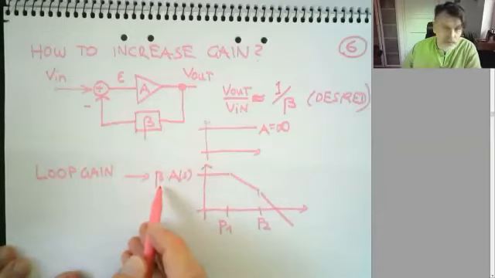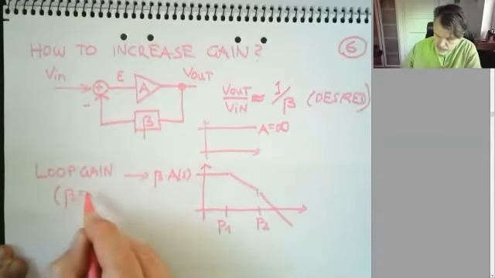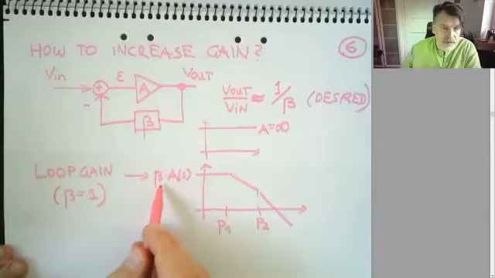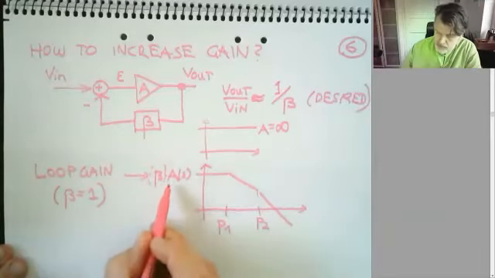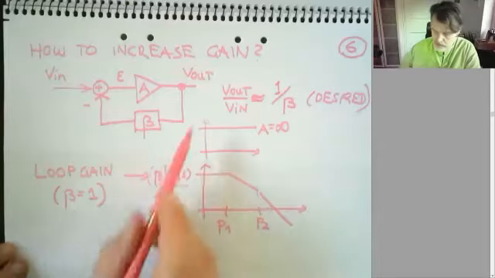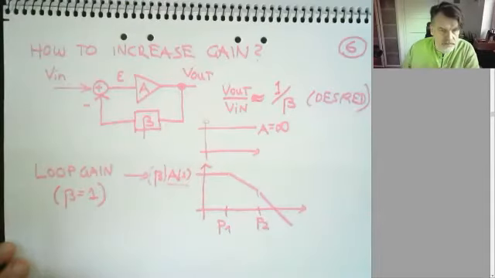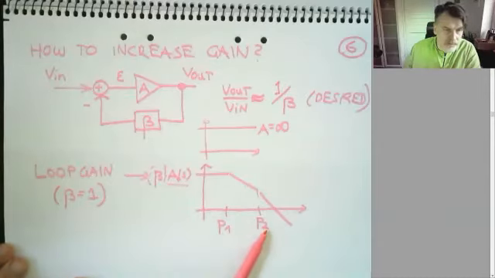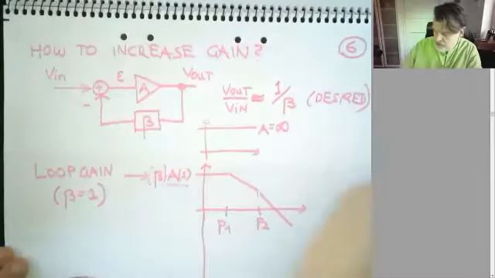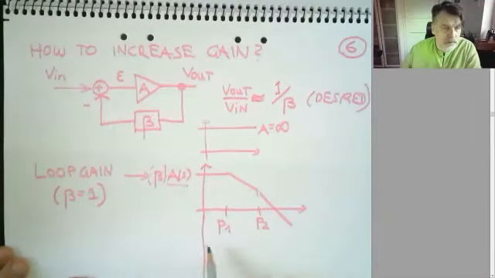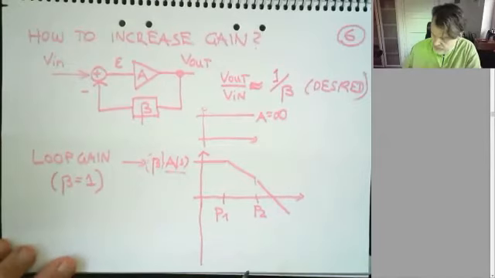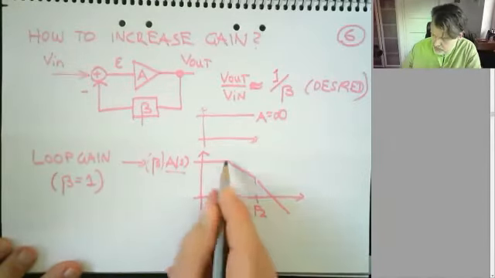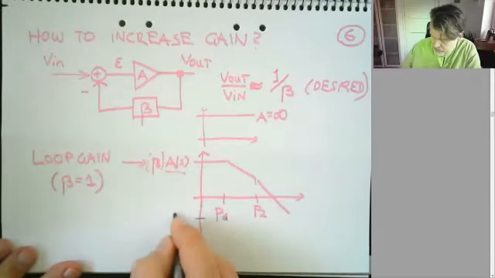Normally you typically set beta equal to 1 to be on the safe side, so you perhaps only consider the gain of the amplifier itself in these types of systems. And then we have one dominant pole and then a parasitic pole. And we might remember from control theory that the issue is that each one of these poles will pull down the phase response by 45 degrees. So at P1, I will have dropped 45 degrees.